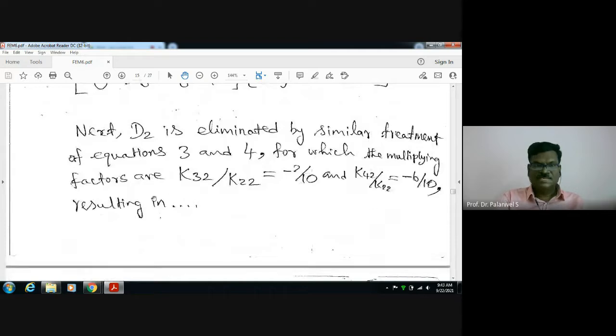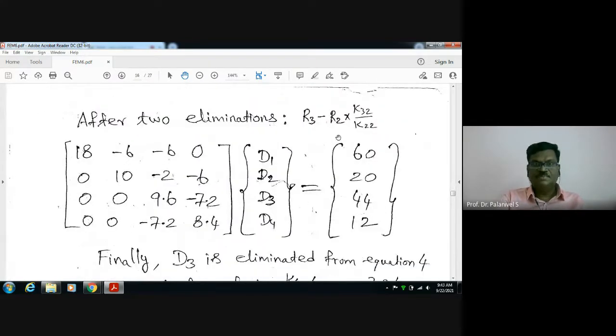So after 2 eliminations, I have written here R3 minus R2 into K32 by K22, and another operation is missing here, R4 minus R2 into K42 by K22. Please see here, underline this R3. It means you are substituting that value in the third row.